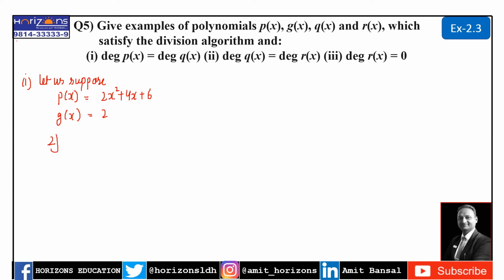If we divide by 2, so the first term that comes out to be here is x square, because 2 into x square is 2x square. Right? So 4x, 2 into 2x is 4x. Right friends?